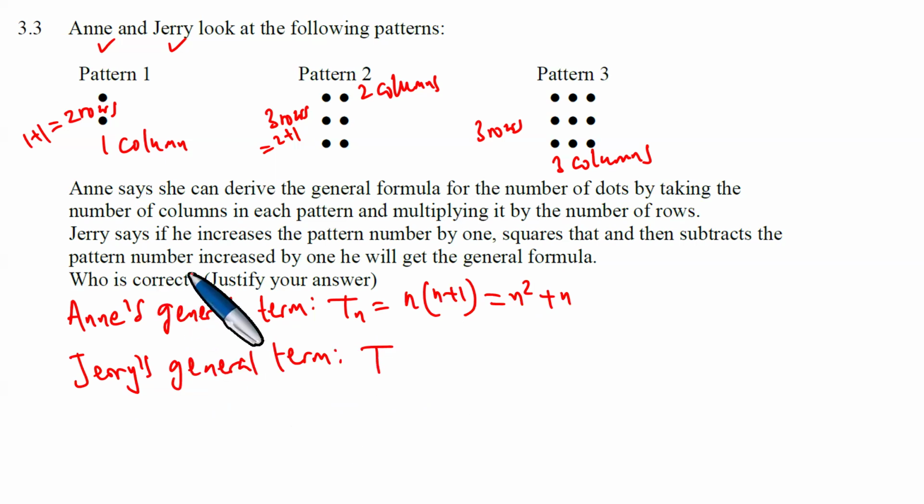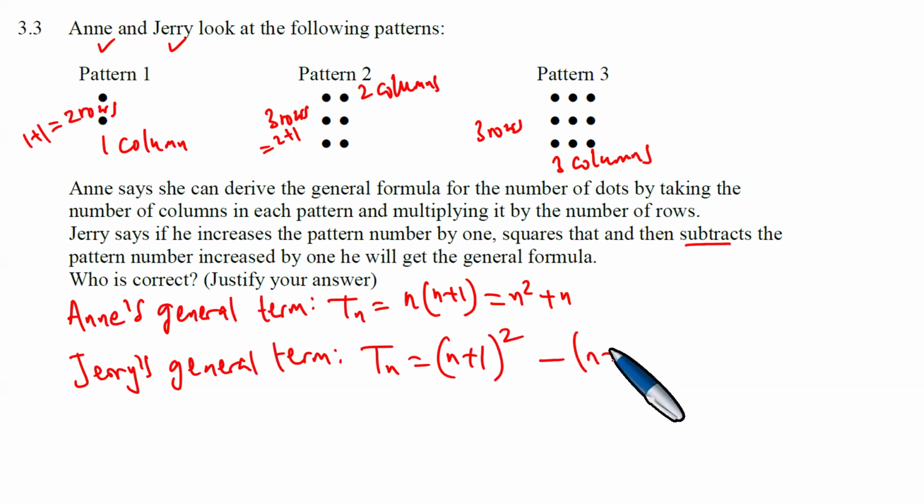Jerry says that if he increases the pattern number by 1, squares that, and then subtracts the pattern number increased by 1, you'll get the general formula. So he takes the pattern number, which is n, increases it by 1, and squares that. Then he subtracts the pattern number increased by 1.